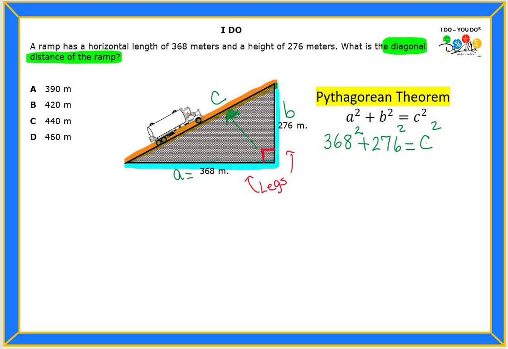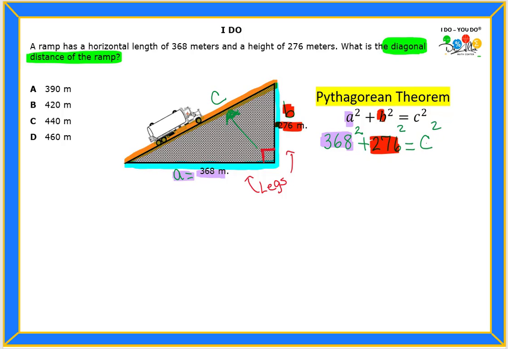So let's consider that this A is 368, which is right here. Agree on that? B is 276, and that's right here. Okay? So those are the only two values that I'm replacing. So let's go ahead and continue.